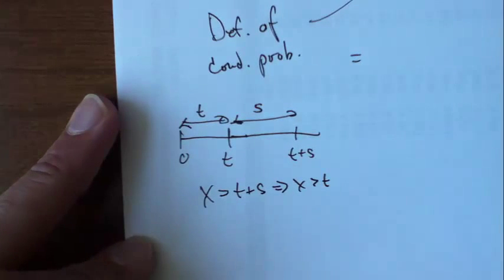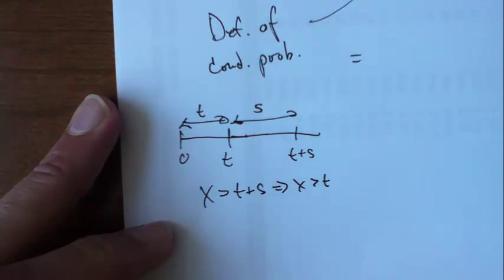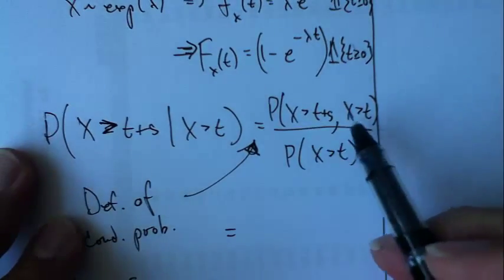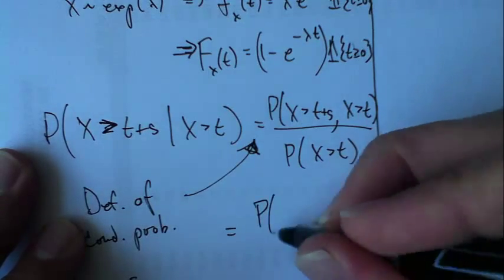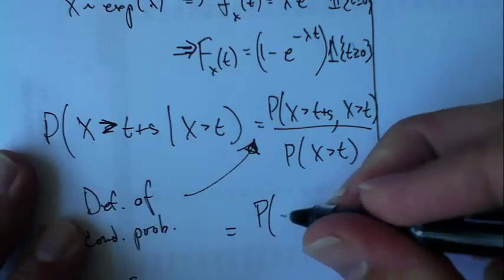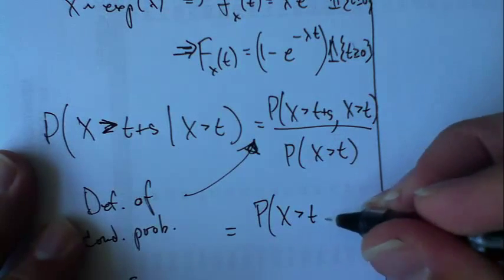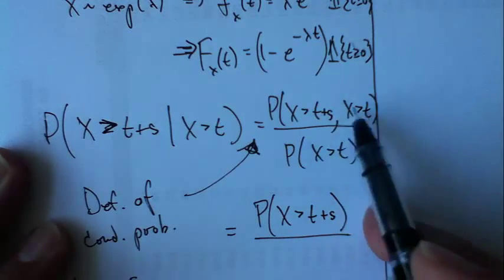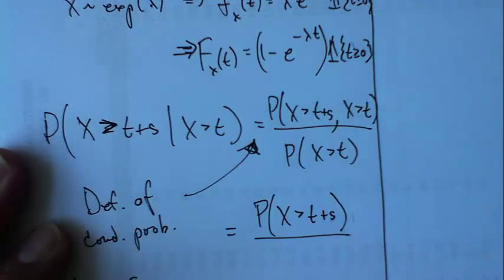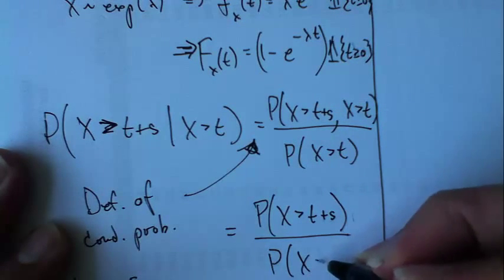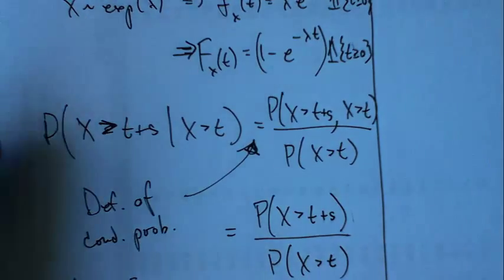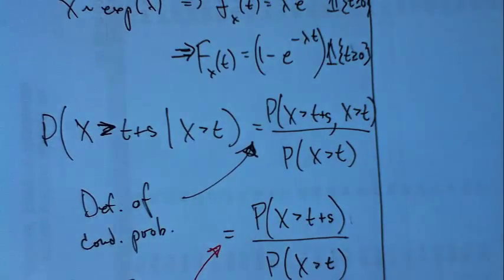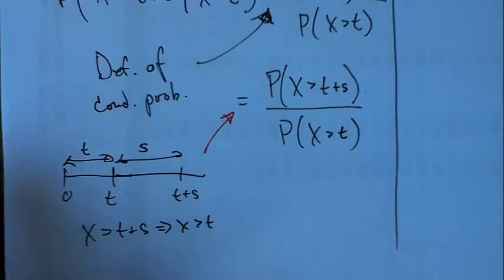So the intersection of these two events is really the same thing as X being greater than t plus s. In order for both of these to happen, this one must happen. So divide that by the chance that X is greater than t. I reasoned through that step by drawing this picture.